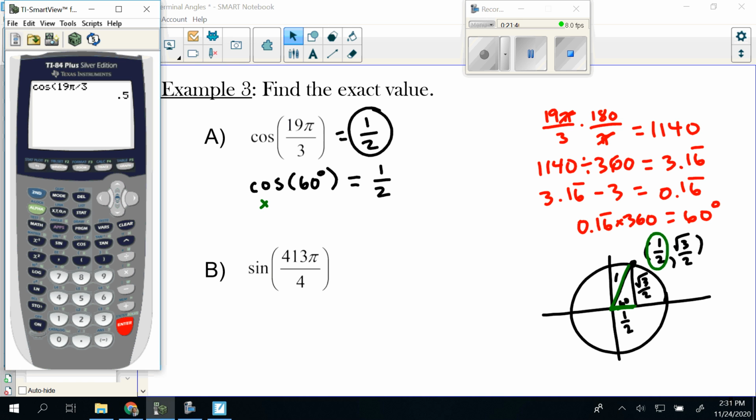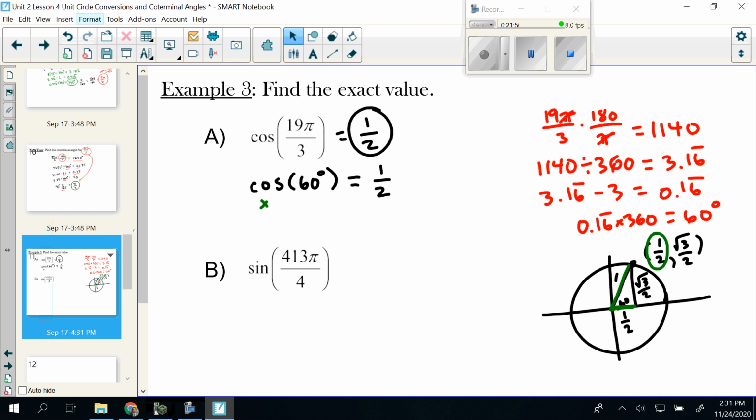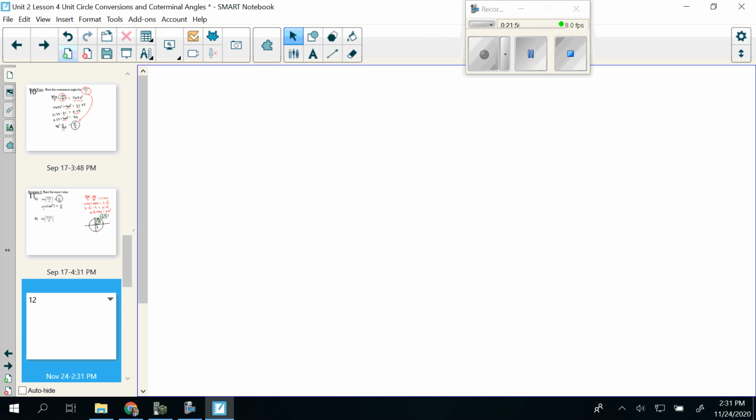Now, you should also be able to do these ones if you know some of those approximation values that we had. We looked at in previous lessons some of those common numbers that you get when doing these ones. So if you get this approximation of 0.866 with all those other numbers, remember that's an approximation of square root 3 over 2.